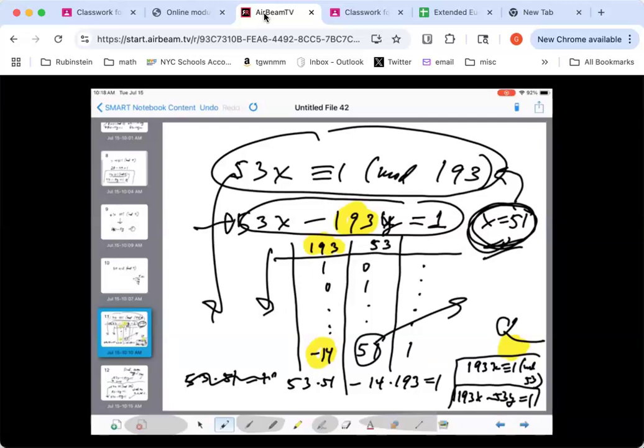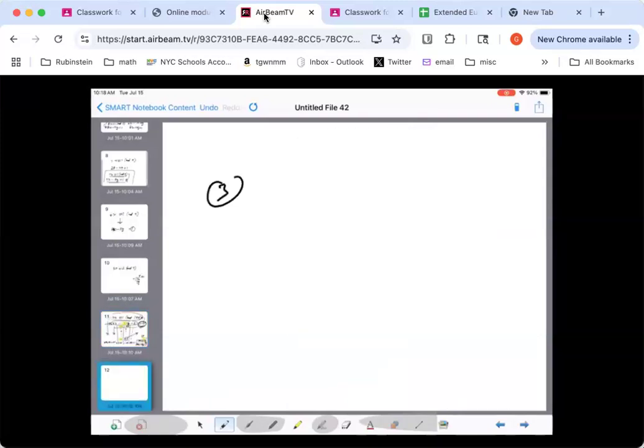So one answer answers 53x minus 193y equals 1, where that other answer where you subtracted from the 51 and added to the negative 14 would be if the two things were flip-flopped. Okay, I'm still kind of in the dark. I remember in the homework yesterday, question number 3, I wanted you to mess around with 3x minus 5y equals 1 versus 5x minus 3y equals 1.